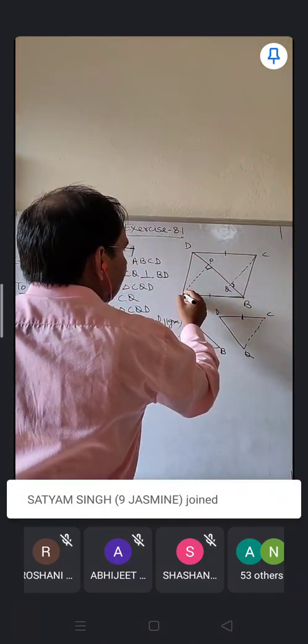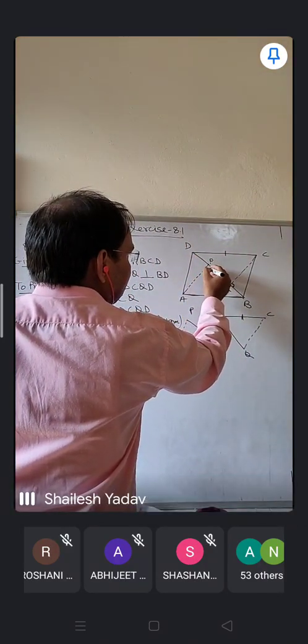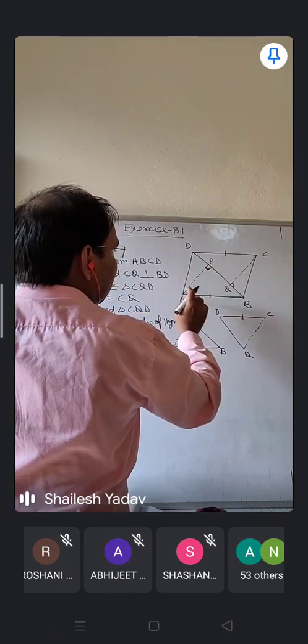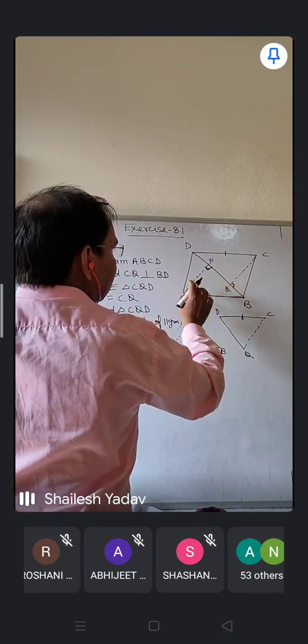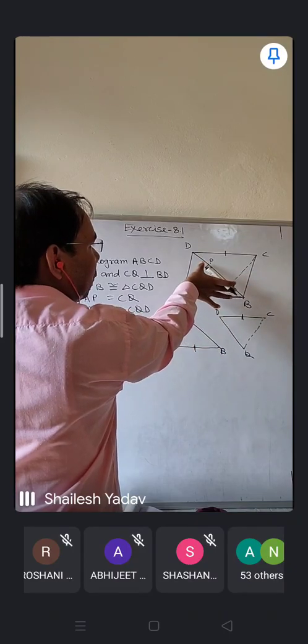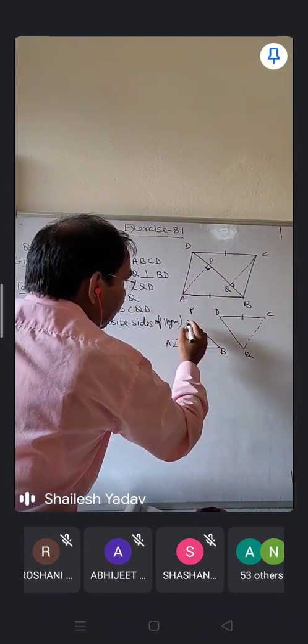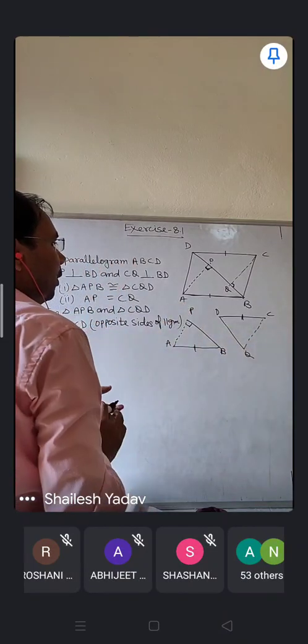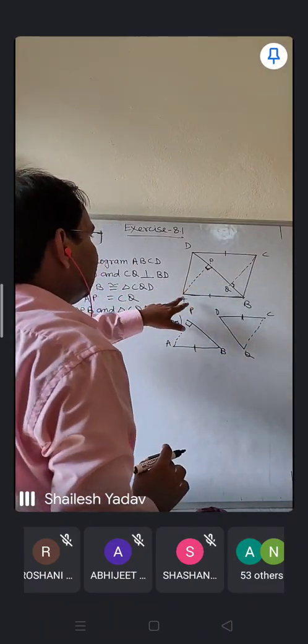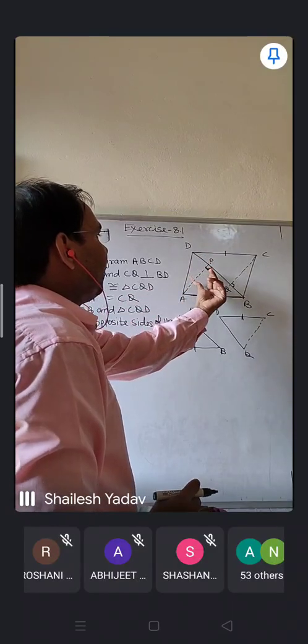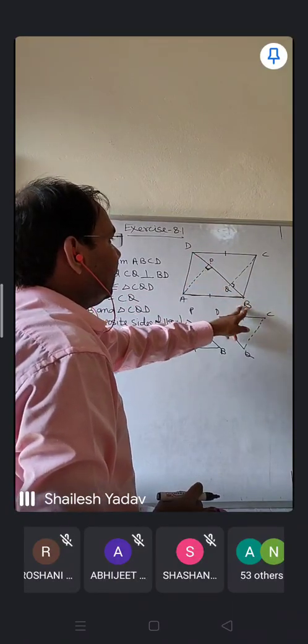Now students, AP is perpendicular, so here it is 90 degrees. It means angle APB is 90 degrees. Reason is that AP is perpendicular to BD. It is not given that it is 90 degrees, but it is given that AP is perpendicular. Perpendicular means AP will make a 90 degree angle with BD.